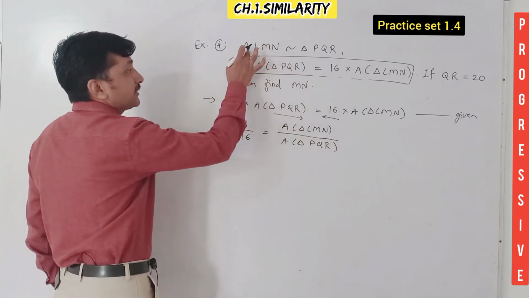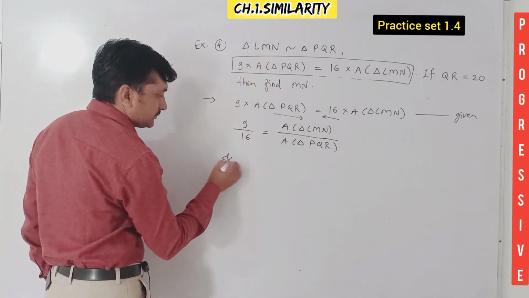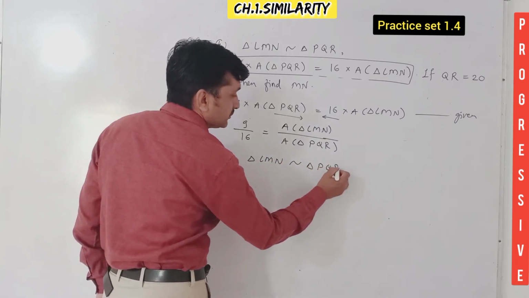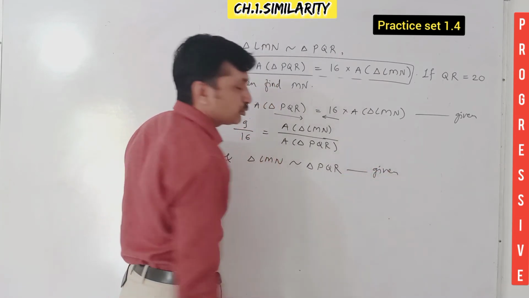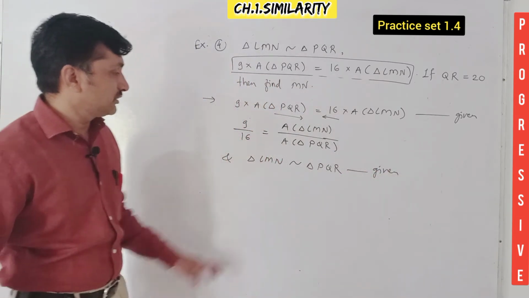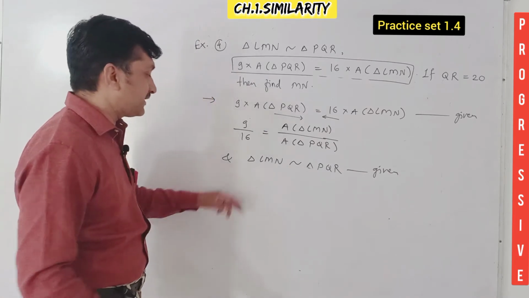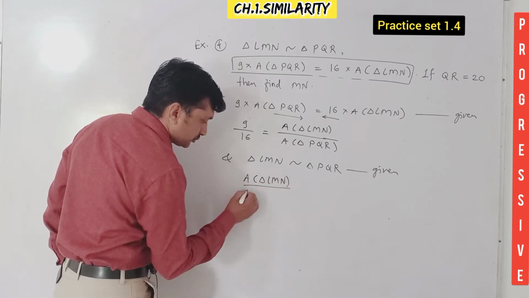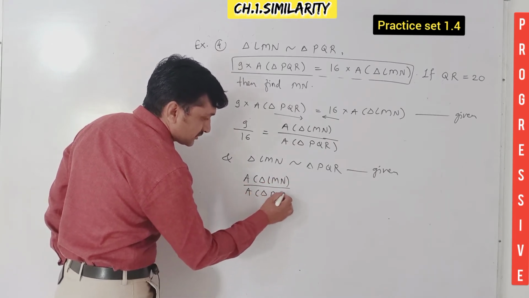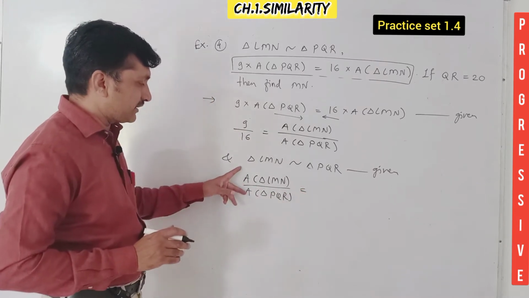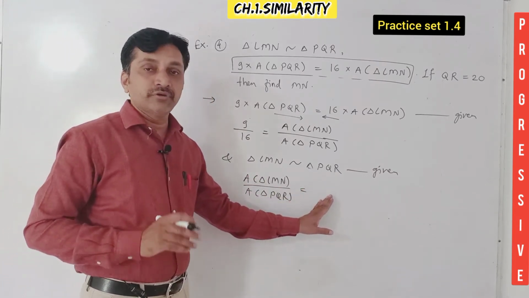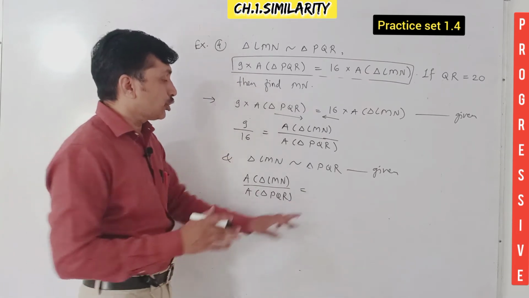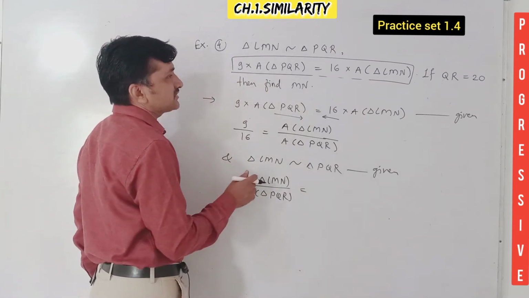Okay, now again come to this given point, and triangle LMN is similar to triangle PQR, it is also given. And we know the theorem of areas of similar triangles. If two triangles are similar, then the ratio of areas of similar triangles, area of triangle LMN upon area of triangle PQR, is equal to the ratio of squares of corresponding sides.